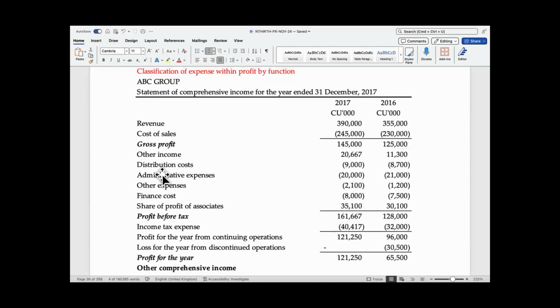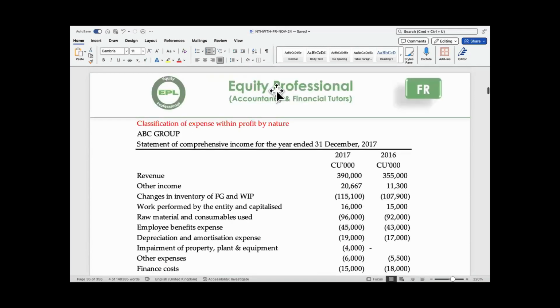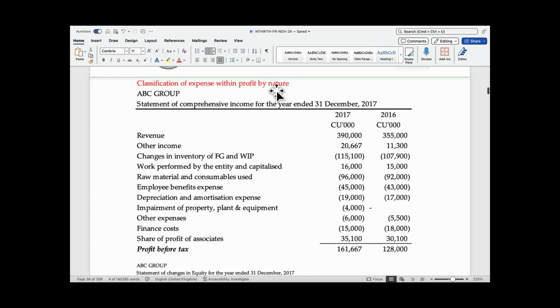Most of your questions, this is what you would see, because this is what most entities present. But let's have in mind that there's another one called classification of expense by nature, where they will classify your expenses into material, labor, and overheads, just like you have learned in your operating statements in performance management. Similar to that.